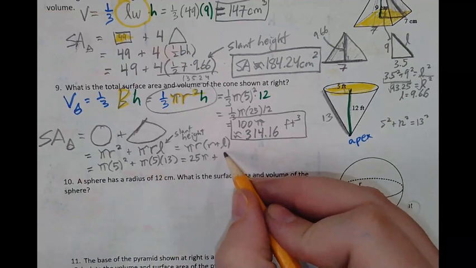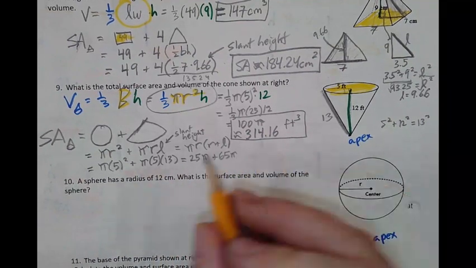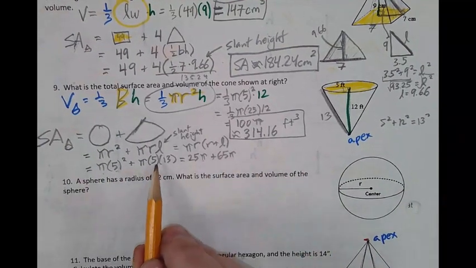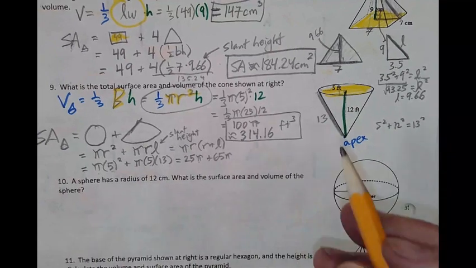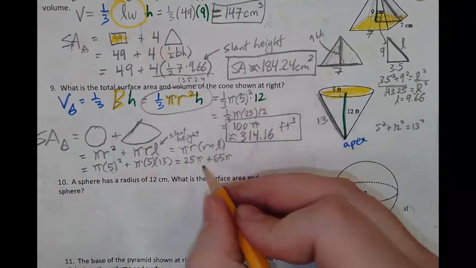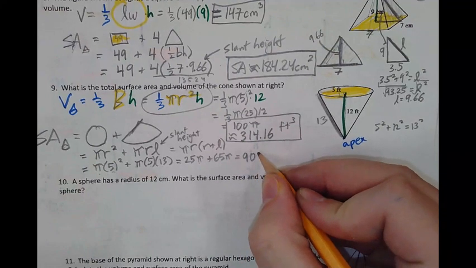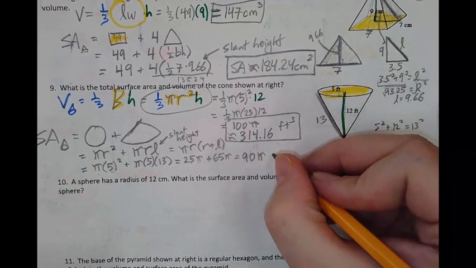That would be 65, 65 pi. So I just multiplied 5 squared times pi, 25. 5 times 13 is 65, 65 pi. 65 plus 25 is 90. Our final answer, as exact, is 90 pi feet squared.